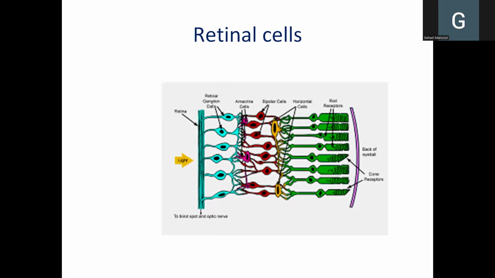And as you know, all the axons of the optic nerve will collect at the optic disc, leave the orbit in the skull via the optic canal, and then pass under the cerebral hemispheres and decussate, as you know, and they reach the occipital cortex.